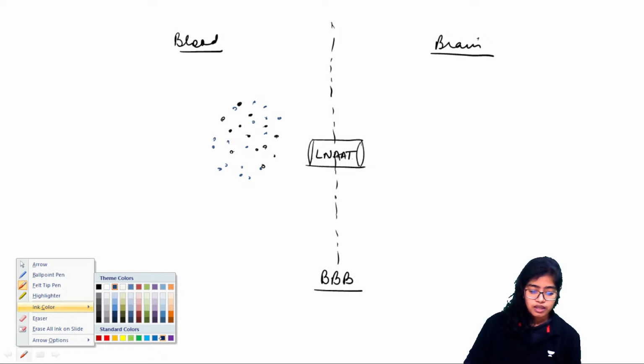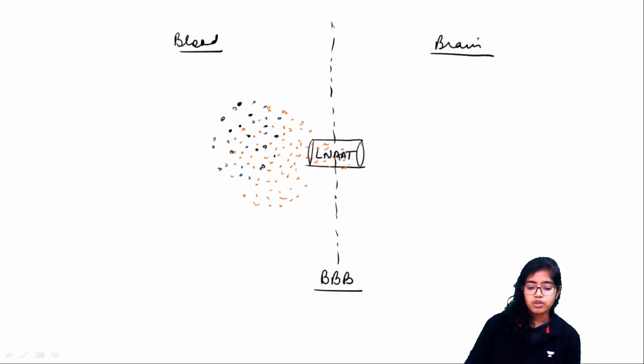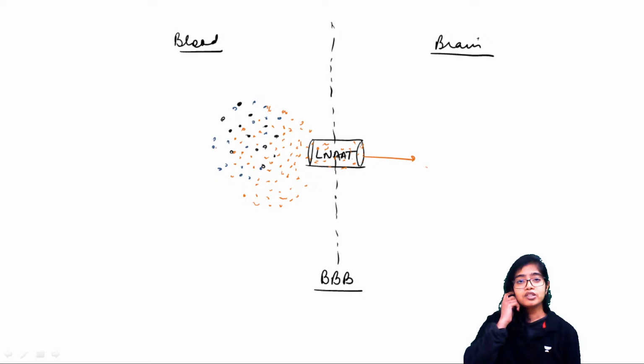Now suppose there are a lot of large neutral amino acids, but phenylalanine is in excess. Phenylalanine is in excess in phenylketonuria because it is not getting converted to tyrosine. The concentration of phenylalanine has increased so much that only phenylalanine crowds around the transporter and will be transported into the brain. So it is preventing the transport of other large neutral amino acids.